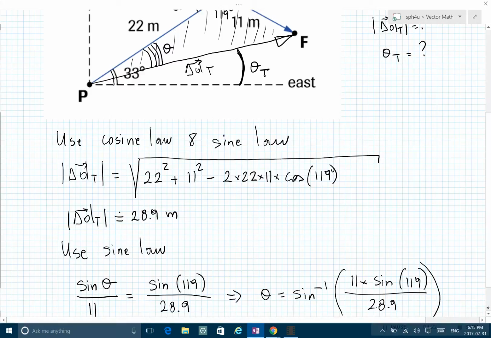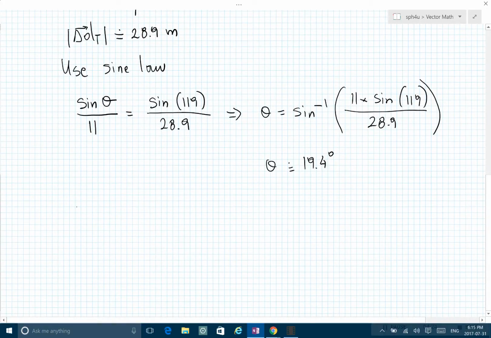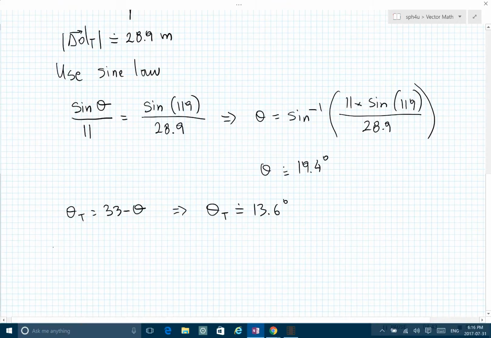So now we know that our angle, theta t, is actually 33 minus whatever we found, right? So theta t is approximately 13.6 degrees. All right, so now we can report our answer.